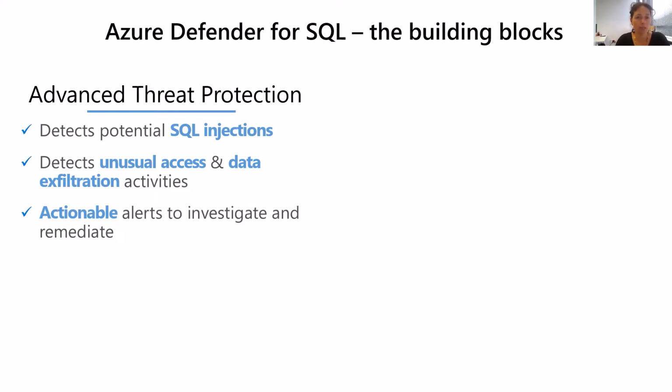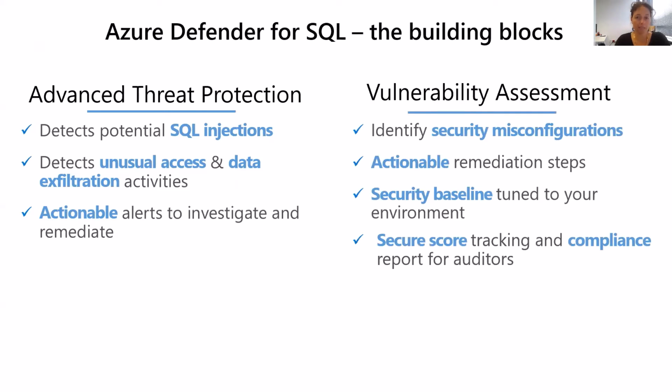The second component is vulnerability assessment, which is a scanning service that provides DBAs, workload owners, and security officers visibility into their SQL server's security posture and recommendations on how to improve it. The service continuously scans SQL servers and flags potential security vulnerabilities, such as misconfigurations, excessive permissions, and unprotected sensitive data.